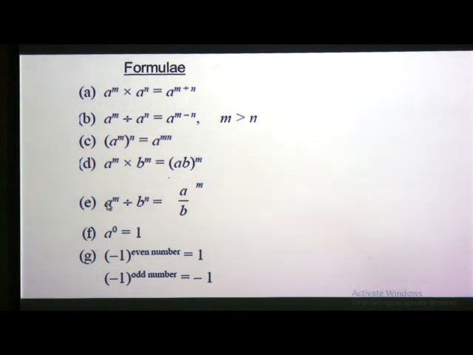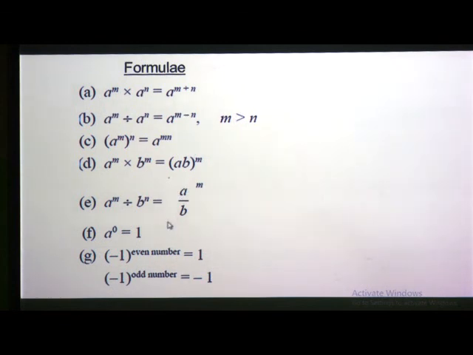Here a raised to m divided by b to the power of n. So, here the bases are different and the exponents are also different. So, a raised to the power m, here it should be in brackets.